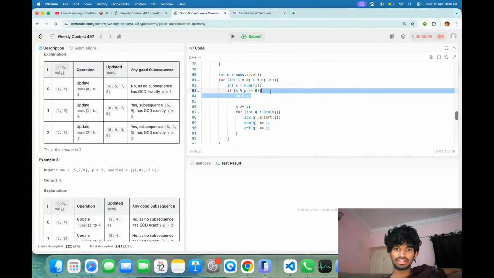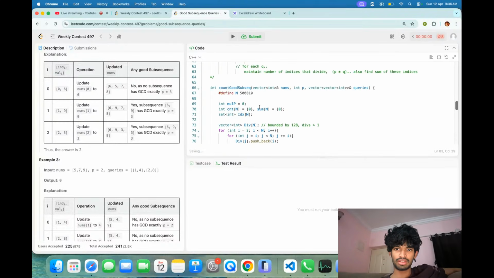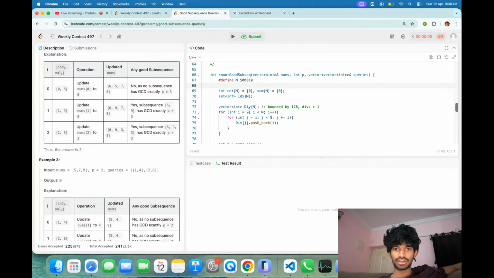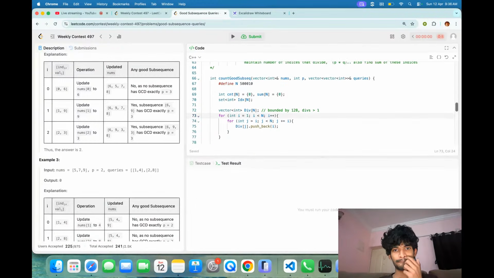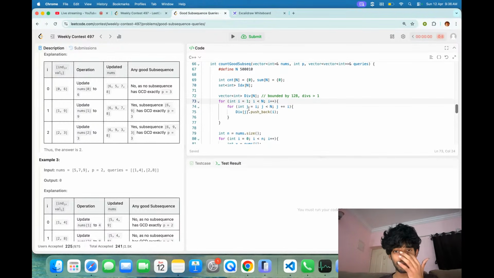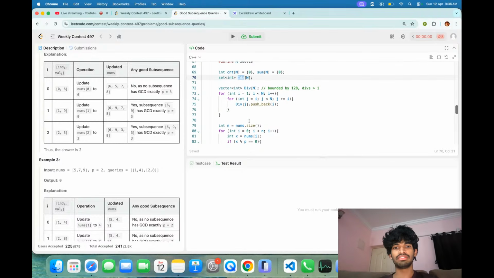I need not find this if I also insert 1. Let me also insert 1. Then 1 will be our basic. Idx of 1 will be all the things that divide p, right?